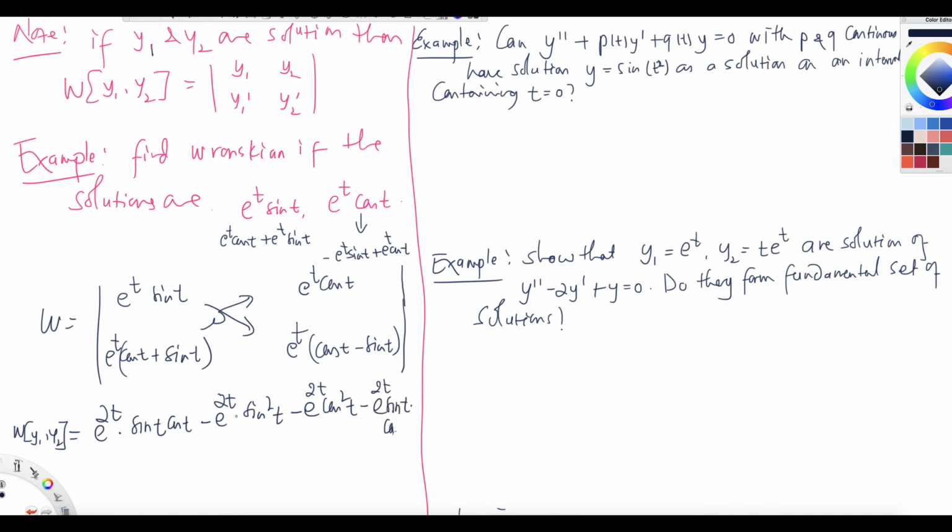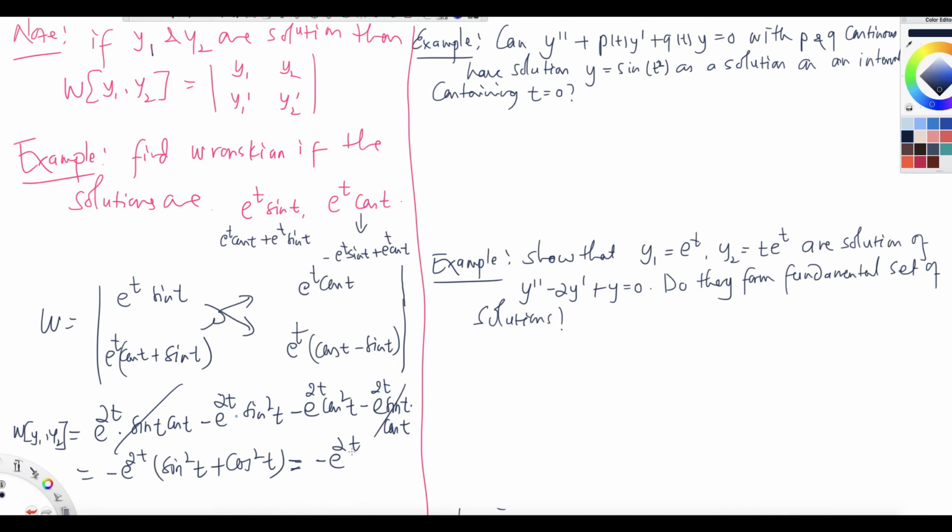So the sine t cosine t terms, plus and minus, cancel out. What is left is, let me pull negative e to the 2t out. You get sine square t plus cosine square t. That is 1, right? So it will be negative e to the 2t. This is what you get. So the Wronskian is negative e to the 2t.